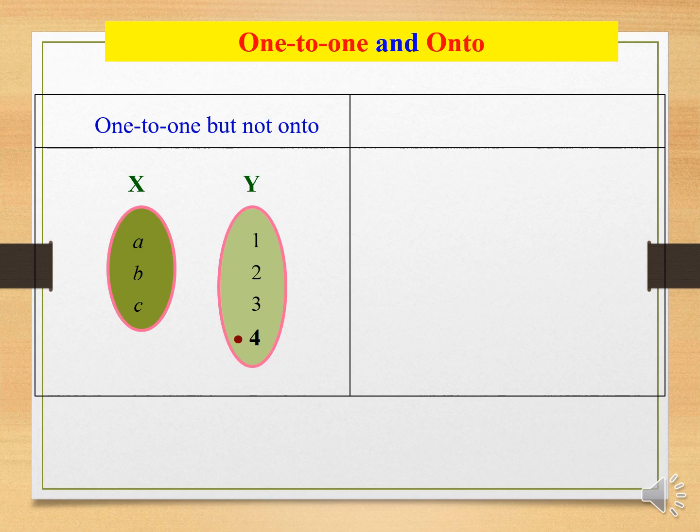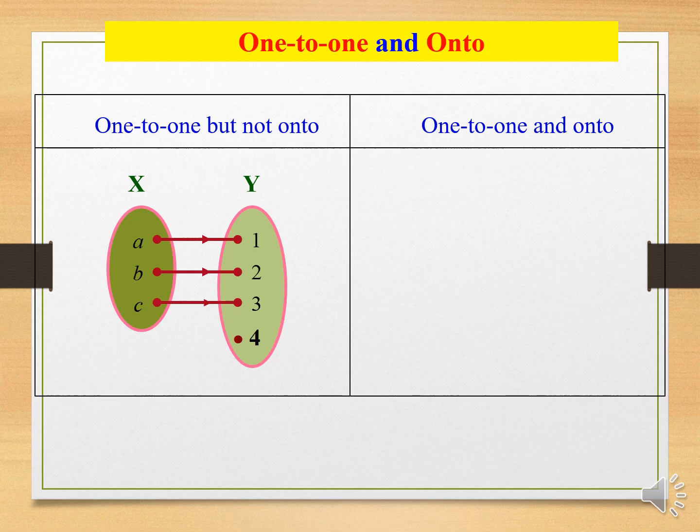X has elements A, B, C, and Y has elements 1, 2, 3, 4. All elements in X have images in Y, but not all elements in Y have an object in X. Therefore, this is not onto.